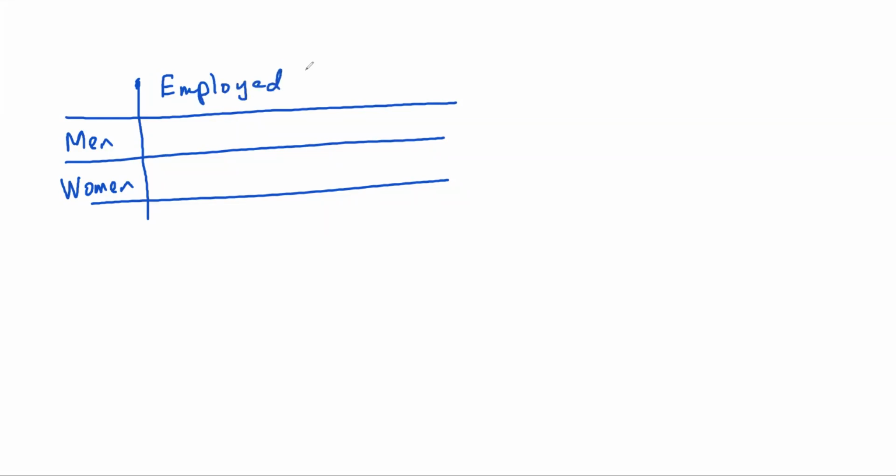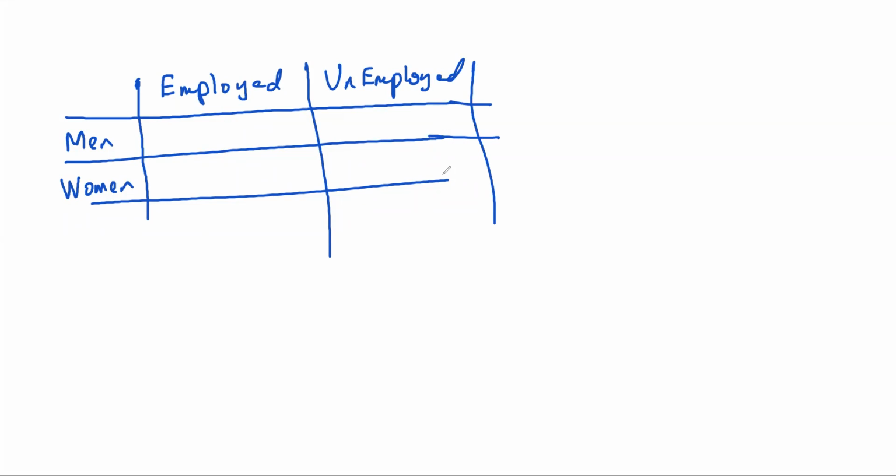For this, you have to take an example over here. This has been a question in your past papers as well. Okay. Now, in a sample, there are men and there are women. There are employed men and unemployed men, employed women and unemployed women.